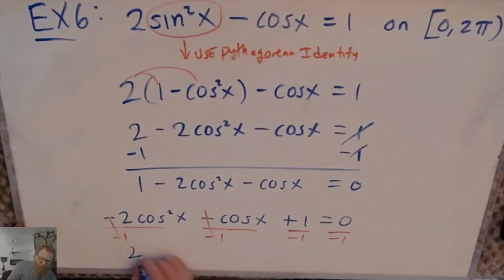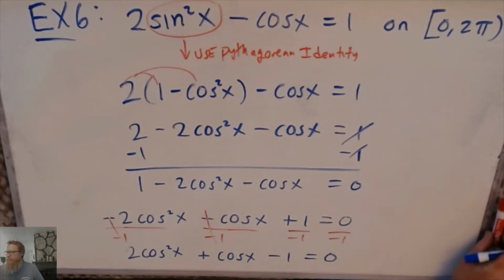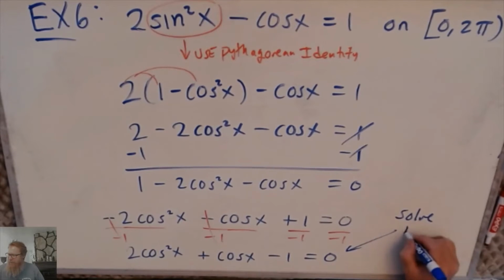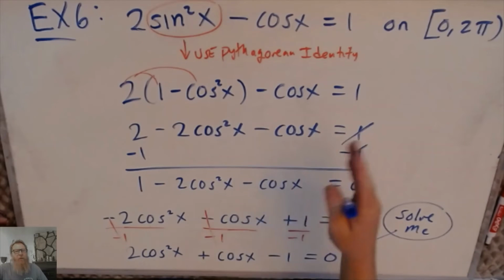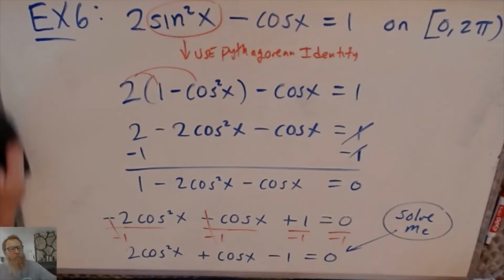You're going to get 2 cosine squared plus cosine minus 1 equals 0. So this is the equation that you're actually going to solve. Classic mathematics, what we call the switcheroo: rewrite the question in a simpler form, or simply solve an easier version of the problem that you've been given.